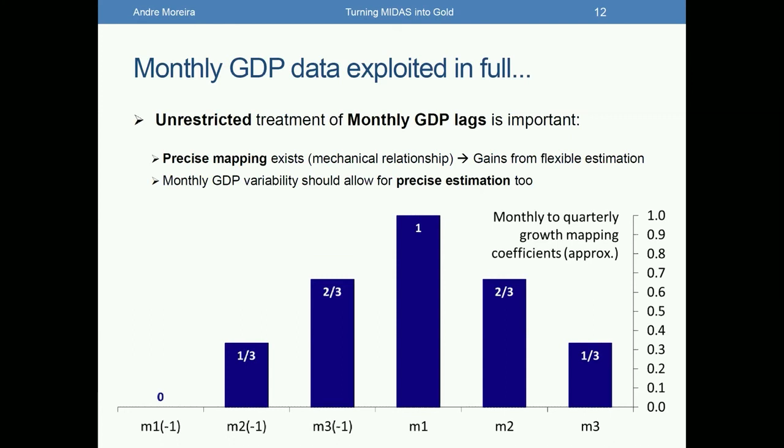And so that boosts quarterly growth by that same amount. Whereas if you move to the second month, then the same bit of news only affects 2 months instead of 3. So the news is only 2/3 of that, and so on and so forth. So it's crucial, if you want your model to take the monthly GDP data seriously, as it should, that you specify it in a way that is able to capture this mechanical relationship.